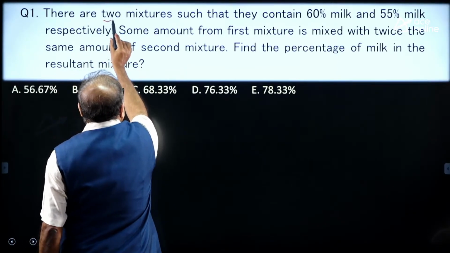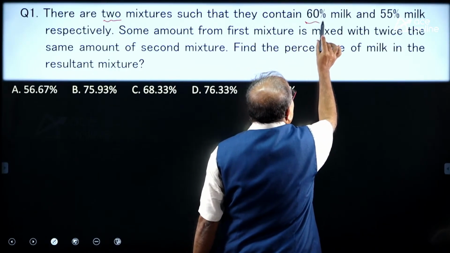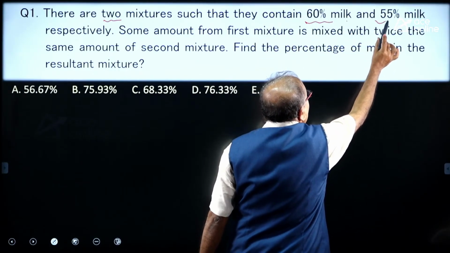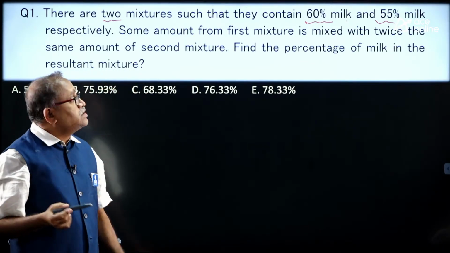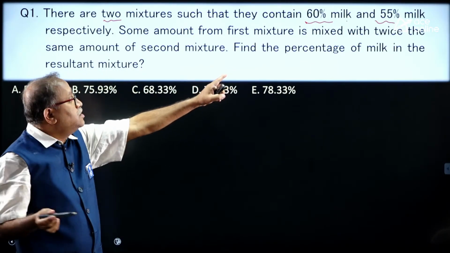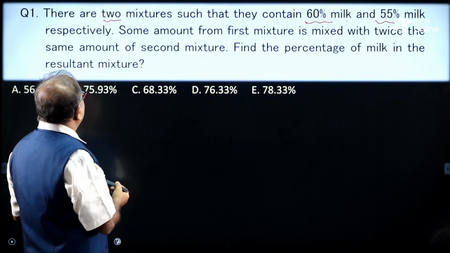There are two mixtures such that they contain 60% milk and 55% milk respectively. That means, in mixture 1, 60% milk is there, the rest must be water, and in mixture 2, 55% milk is there.